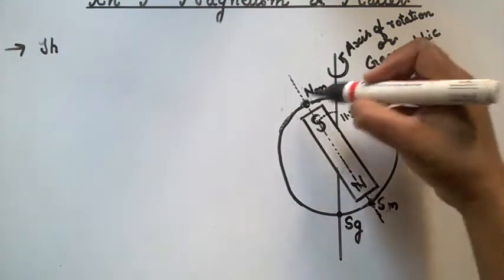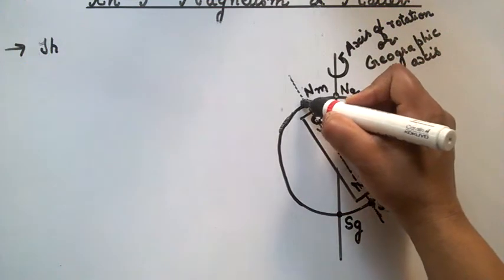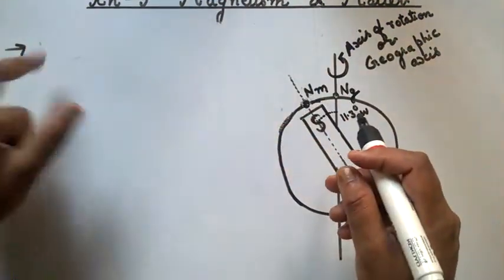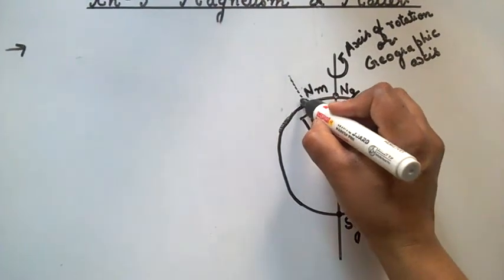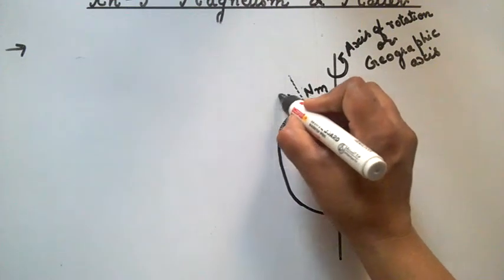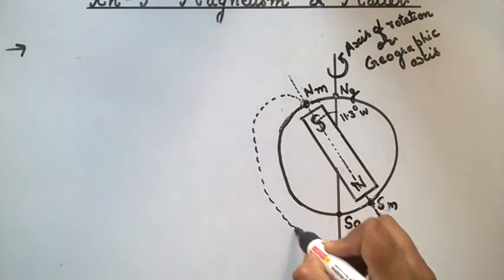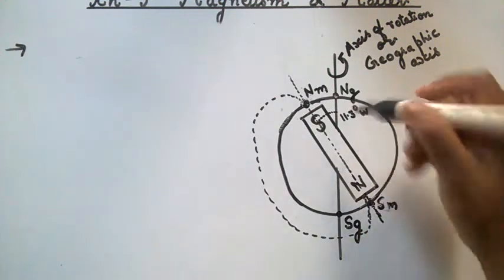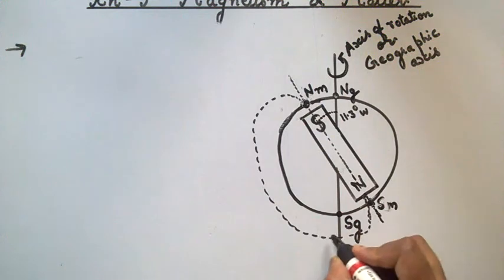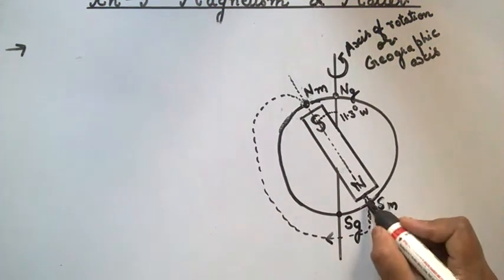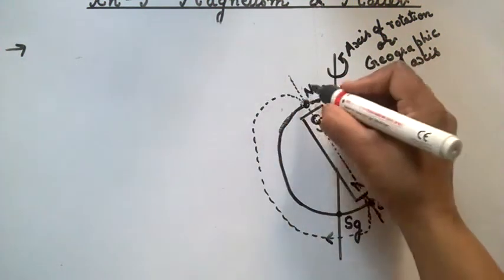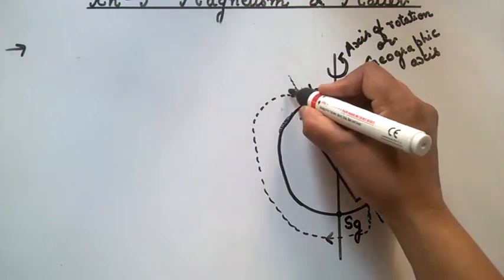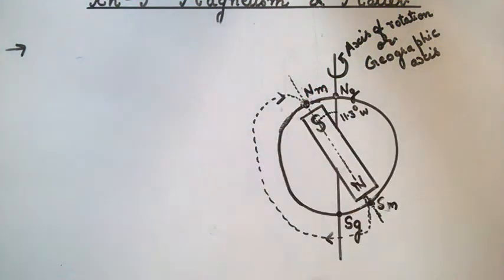Thus, if we draw the magnetic field lines produced by the Earth's magnetic field is in this way. The lines are coming out from the South Magnetic Pole and entering into the North Magnetic Pole.